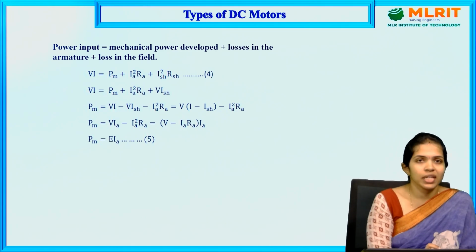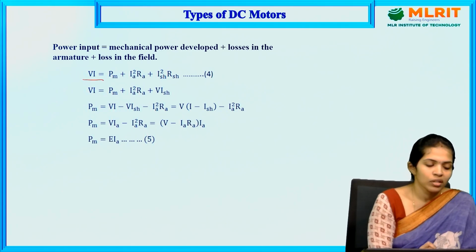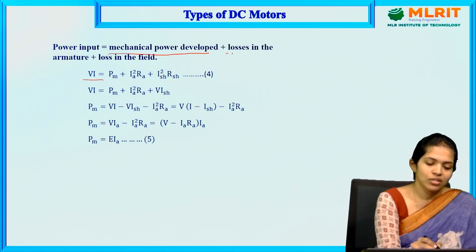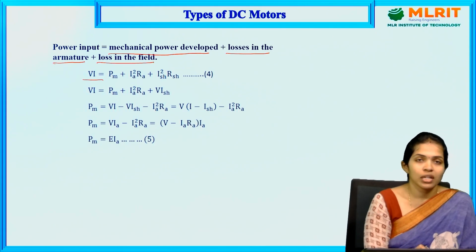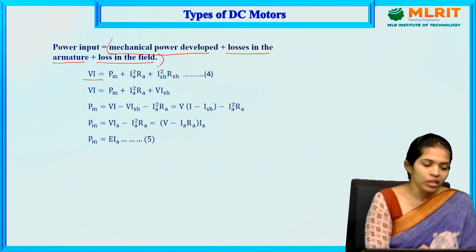Whenever we see the power, electrical power is the input to the motor. Mechanical power will be developed in the motor, plus the losses which occur in the armature and the losses in the field, which together make up the output side.